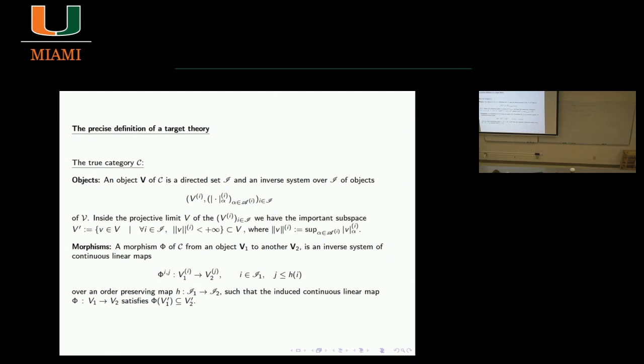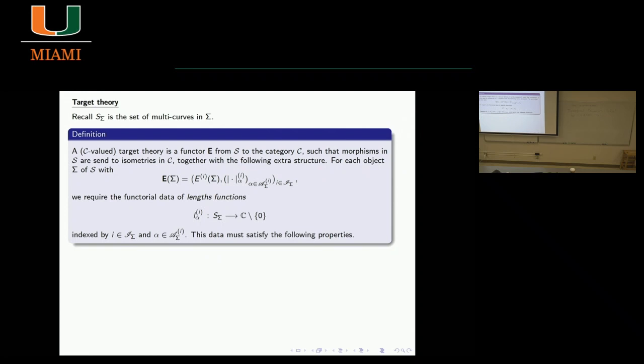C is this category here that I just introduced. So now a C-valued target theory is a functor from S to this category I just defined. In other words, the functor spits out for every surface this directed set, and it indexes all of these vector spaces with all these seminorms indexed by these sets here.